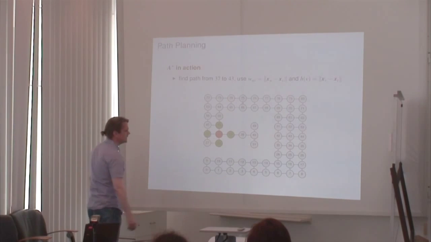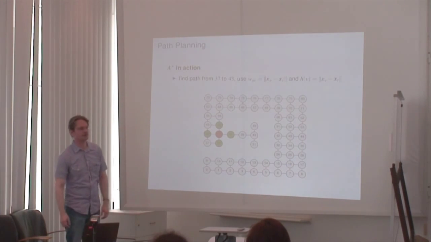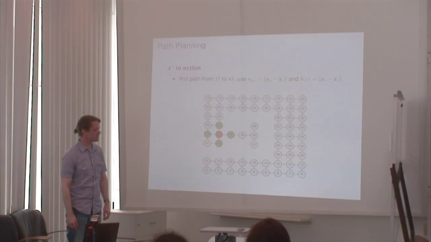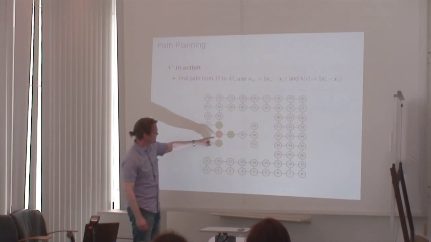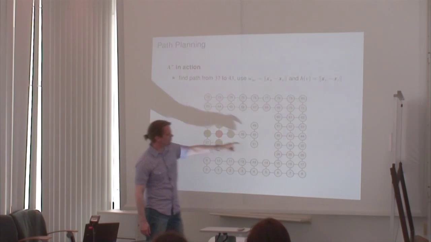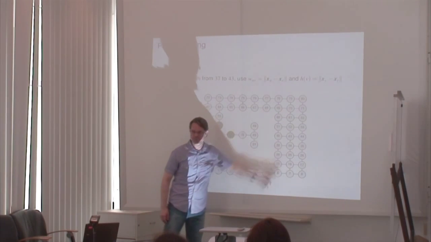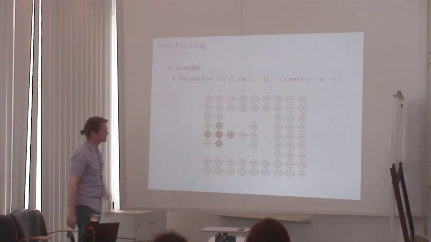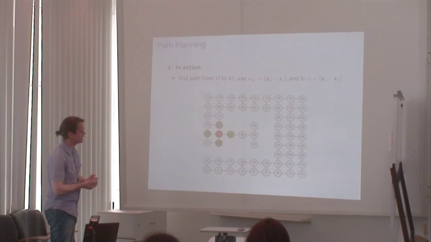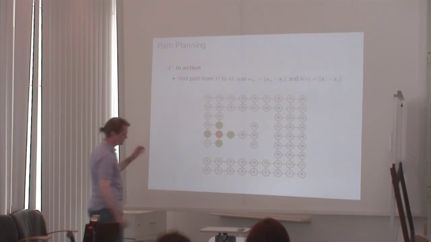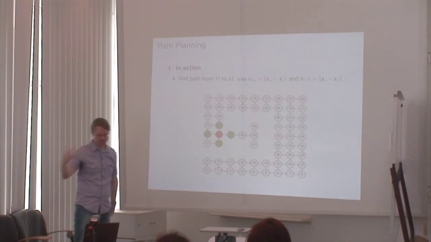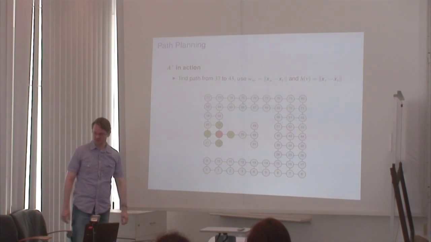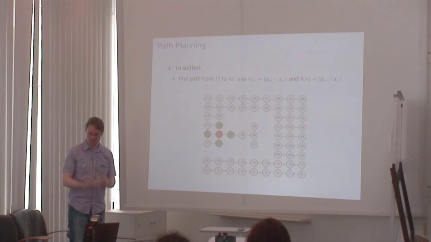And let us look at how A star comes up with a path from node 37 to node 43. And we start with the situation where at the very initial call of this A star, or iteration of the A star algorithm, the fringe consisted of node 33.